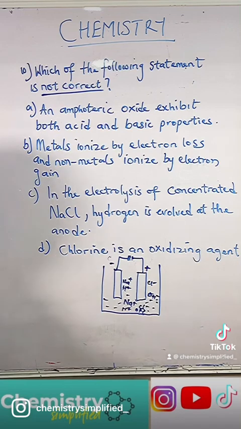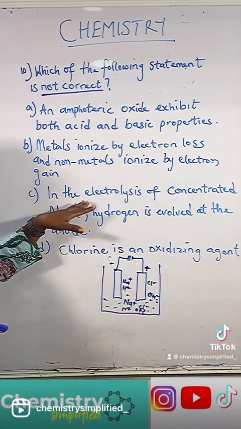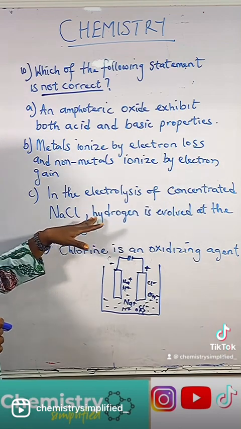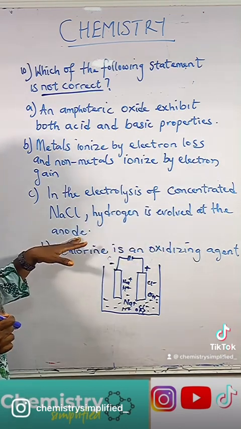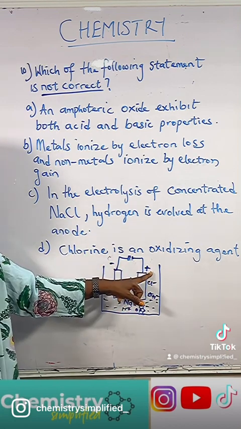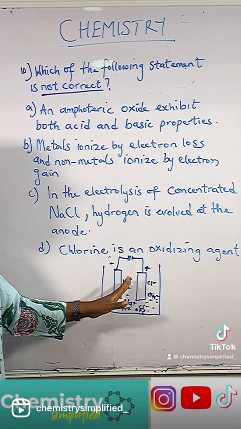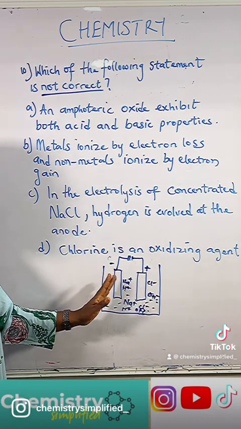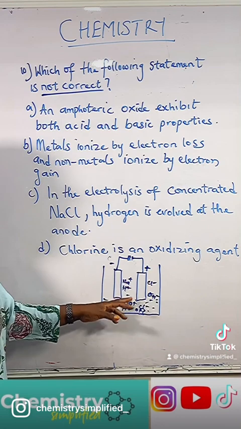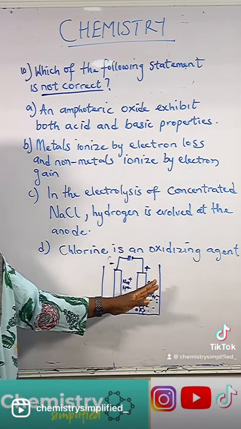So with this diagram, you can see that in the electrolysis of concentrated sodium chloride, hydrogen is not evolved at the anode. Anode is positively charged, so hydrogen cannot be evolved there because hydrogen is also a positively charged element. So hydrogen will move to the cathode, and that is why we call it a cation, while chlorine and OH minus will move to the anode.